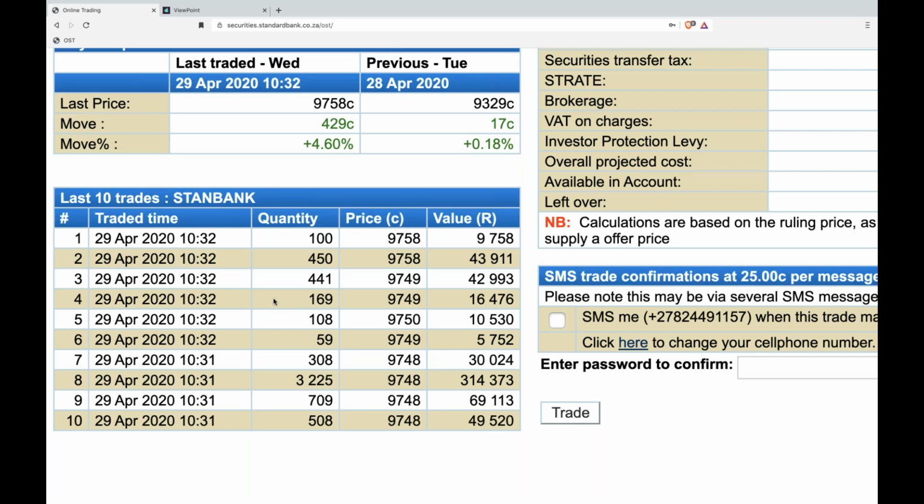In less liquid shares, those last 10 trades could be spread over hours, maybe even days or weeks. Obviously, with Standard Bank, which is a highly liquid share, you're going to get the last couple, which will be about a minute or so.